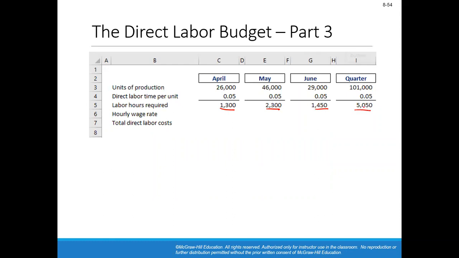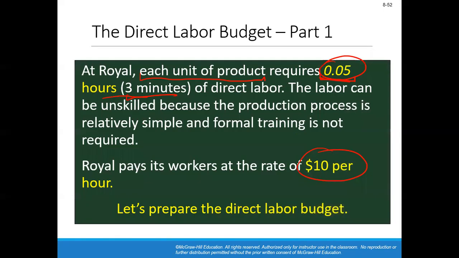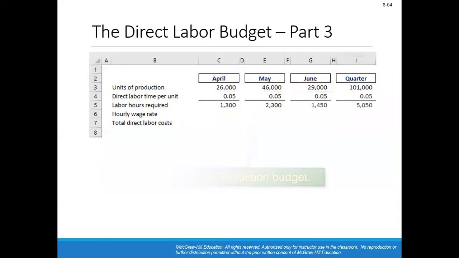Now, we have also been told that these are in terms of what? These are in terms of hours. As these are unskilled labor, we pay $10 per hour. So what can we do?